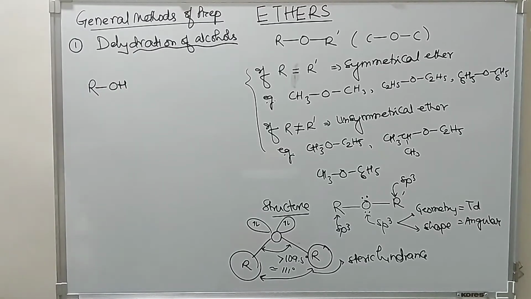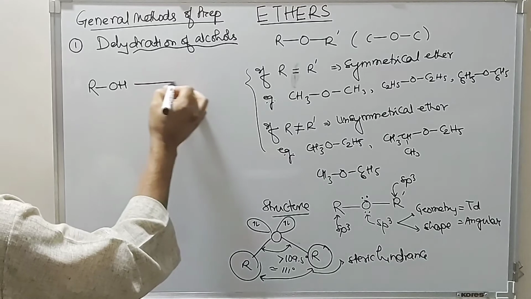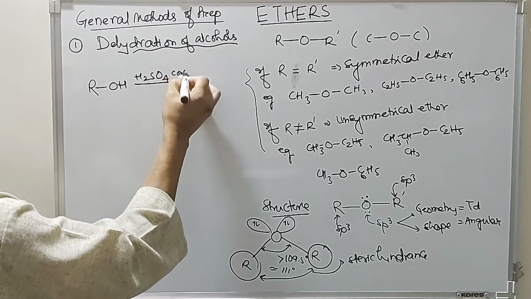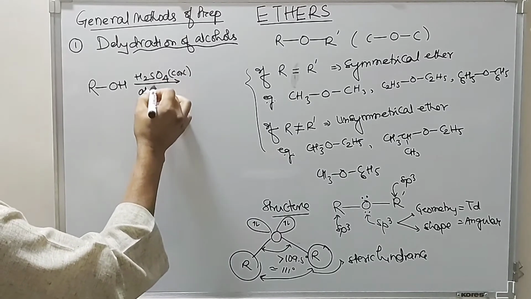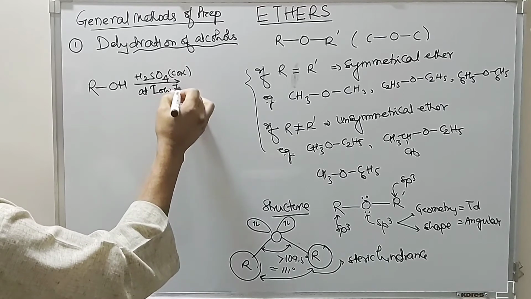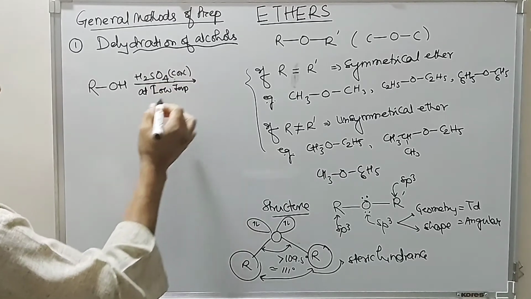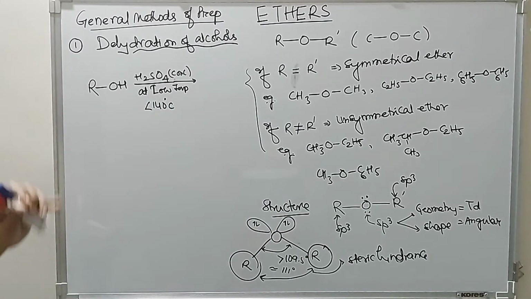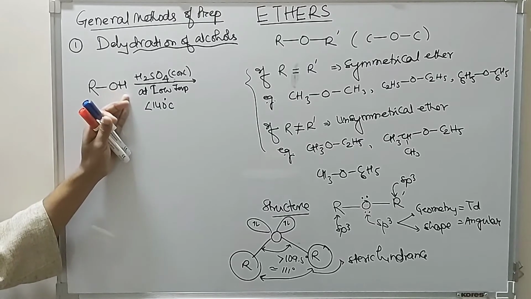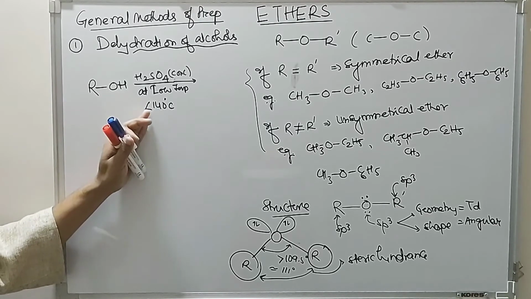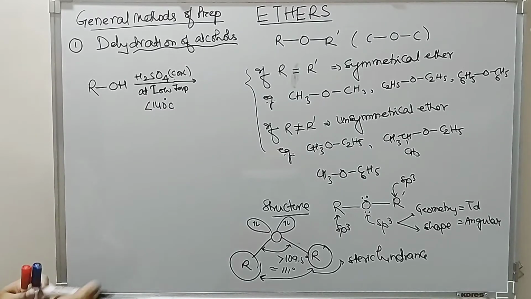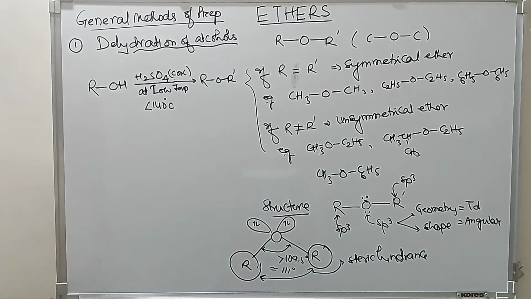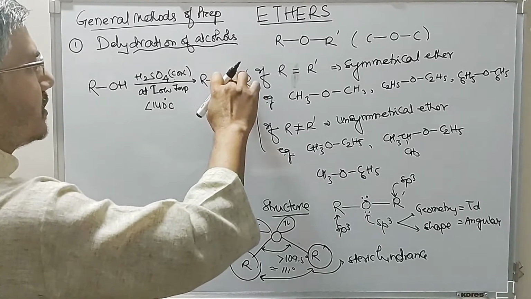These alcohols, ROH, on reaction with concentrated sulfuric acid at low temperature, that is, less than 140 degrees centigrade, give you ethers. So by this method we get only symmetrical ethers.